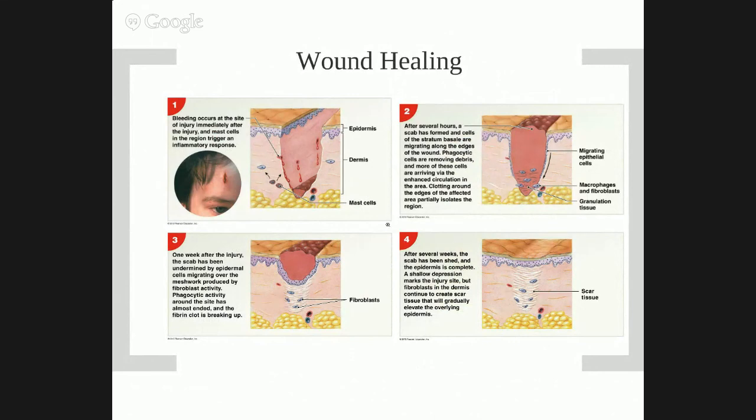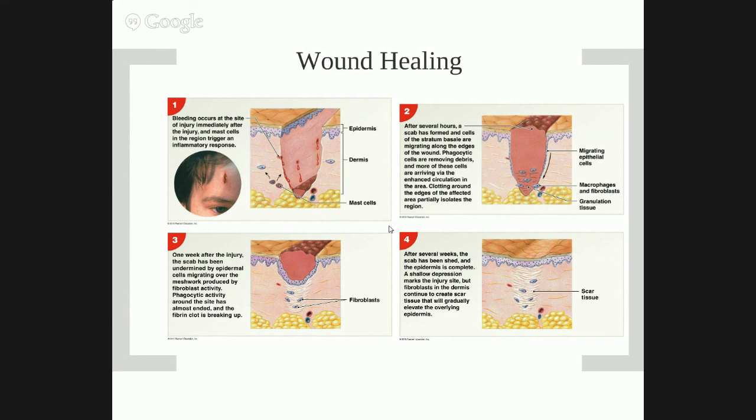Usually when we're talking about the skin, we also think about wound healing and how tissues heal. And what happens when there's a cut through the skin, there will be blood vessels in the dermis that are broken, and they'll bleed out, and that blood will fill the wound site and clot, forming the scab on the surface of the skin. As the scab resolves, the tissue will heal behind it.